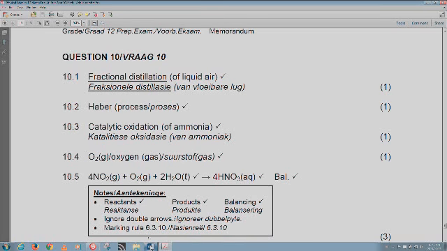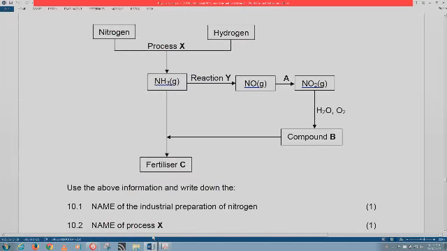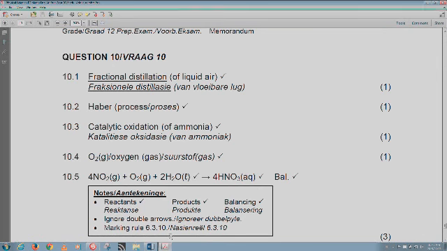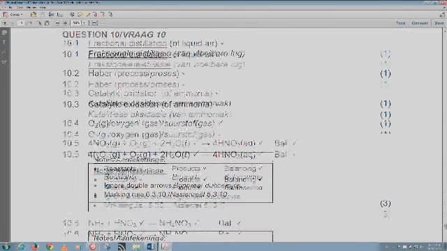And then 10.2, write down the name of process X there. The name of process X there is Haber process, but because the word process is there, the learner can just say Haber.